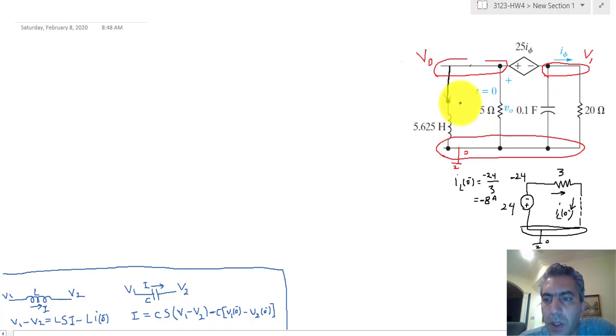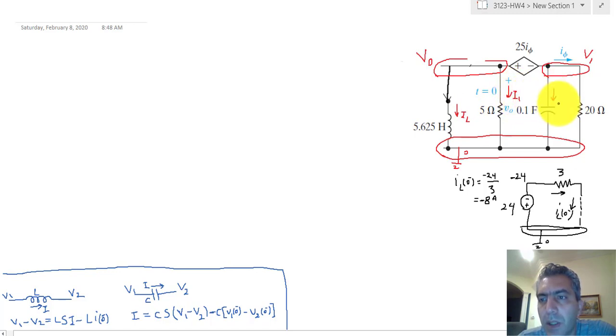Okay, so for the current, I'm going to assume that the current is the same as what I had assumed for calculation of the initial current. So this is IL. I'm going to call this I1.